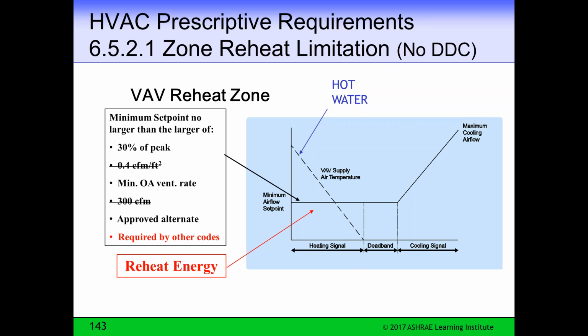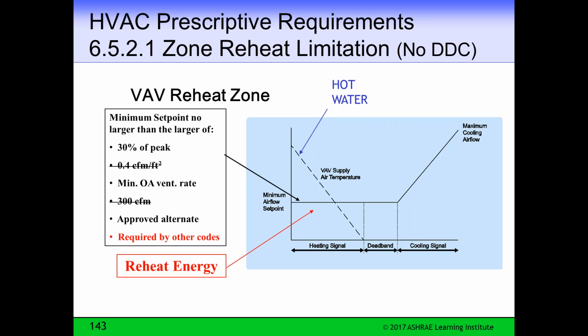Now, always we've had a minimum set point no larger than the larger of, and we always put 30% of peak in. And then we used to have 0.4 CFM per square foot, but we really didn't know where that came from as a committee, so we ended up taking it back out. And then we had a minimum outdoor flow rate required by ASHRAE 62, and then small boxes under 300 CFM, we took the requirement off, but now we've removed that exception, so there is no minimum size to this requirement.